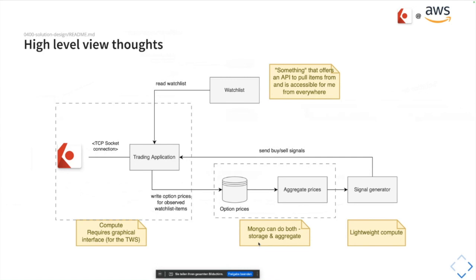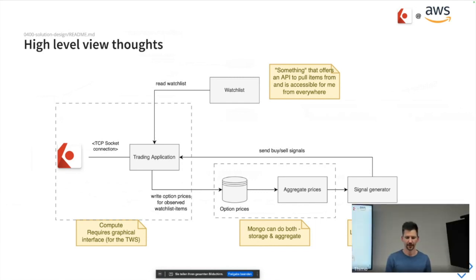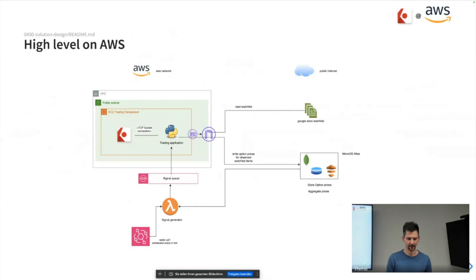I chose Mongo, so it's just one bucket here. Mongo can do both. For the watch list, I need some kind of spreadsheet. So I went with Google Spreadsheets. And I need some kind of lightweight compute engine for the signal generation. It was an easy choice, but let's take a look at how it looks on AWS.